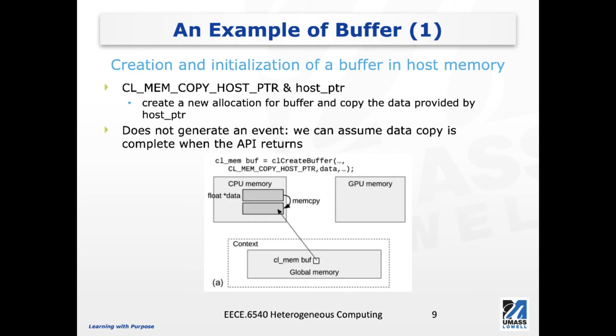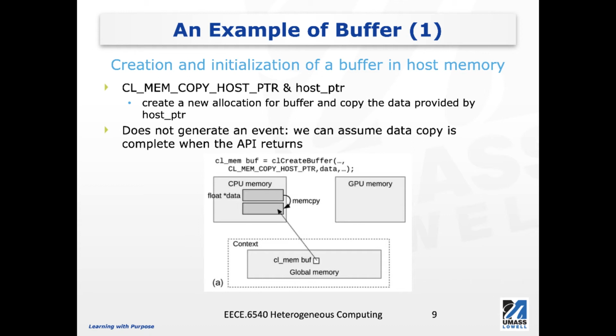Now we're going to look at a different example. In this case, we are creating and initializing a buffer in host memory. The memory flag we're going to use here is CL_MEM_COPY_HOST_PTR, coupled with a host pointer that points to some space in host memory. These two options ask the OpenCL runtime to create a new allocation for the buffer and copy the data provided by the host pointer.